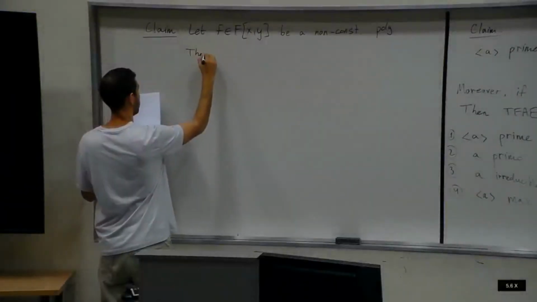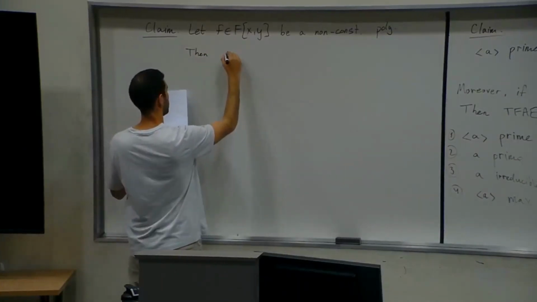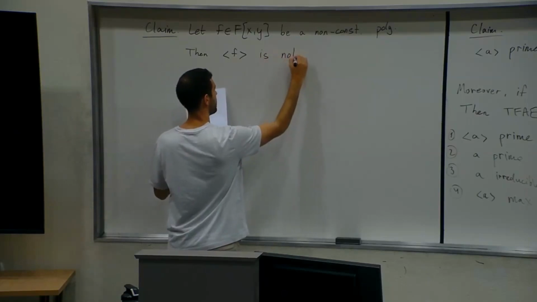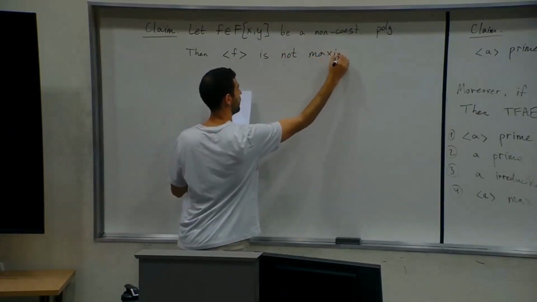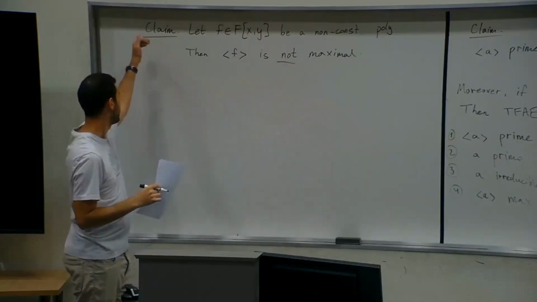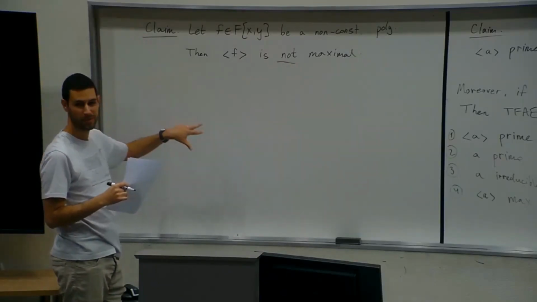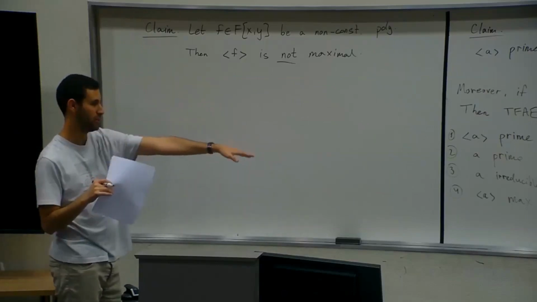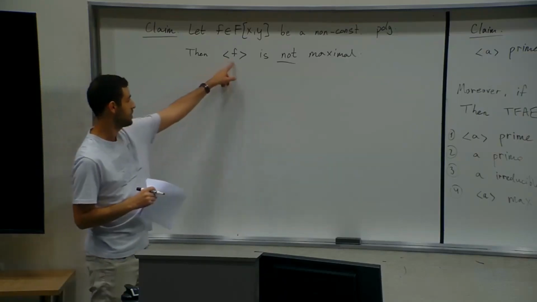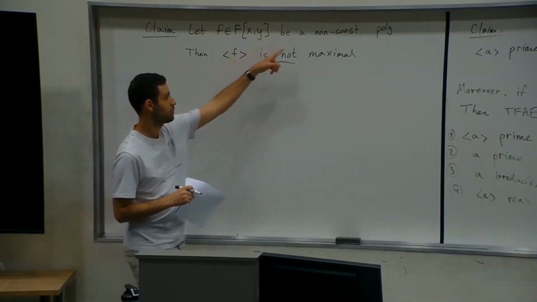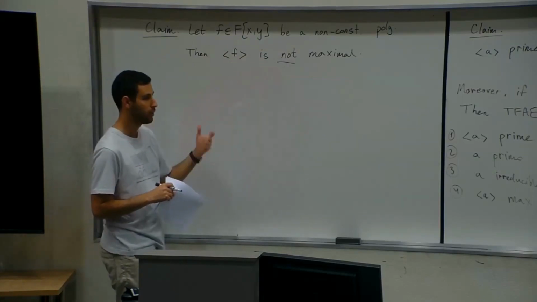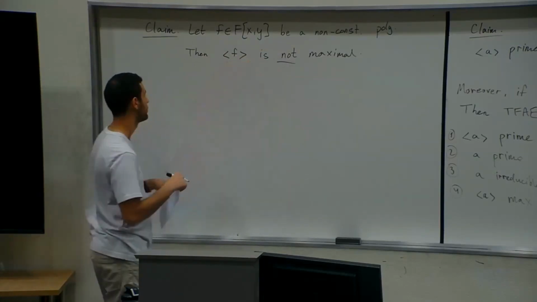Then the ideal generated by f is not maximal. So we will have two or three claims from which we can conclude the bijection that we want. This is the first step. We want to show that if we have a principal ideal generated by some non-constant polynomial, then it cannot be maximal. So we need at least two generators.